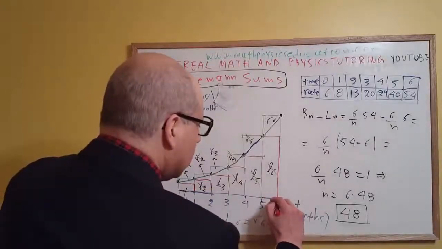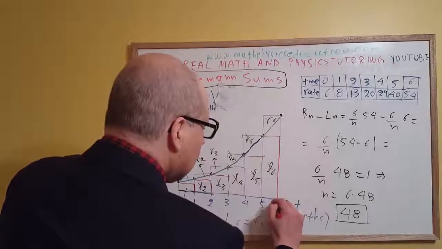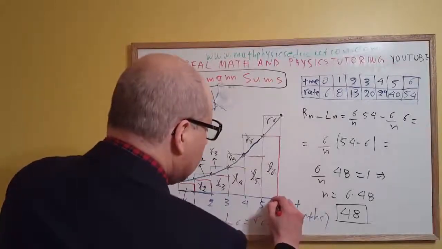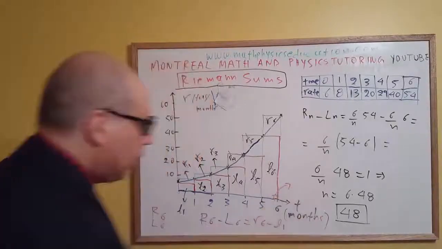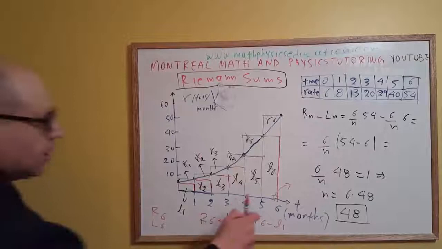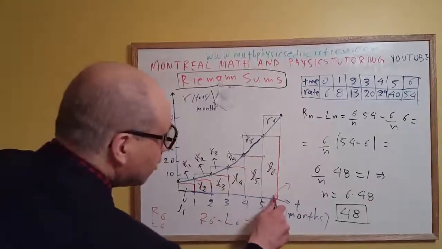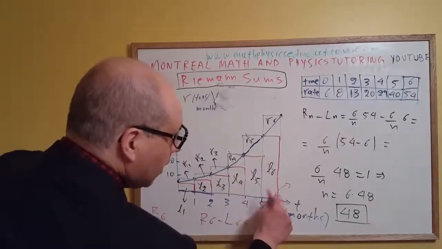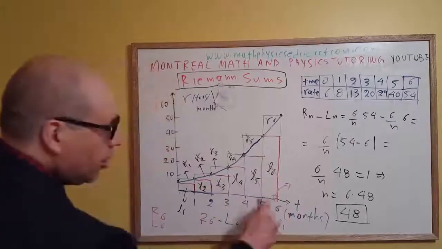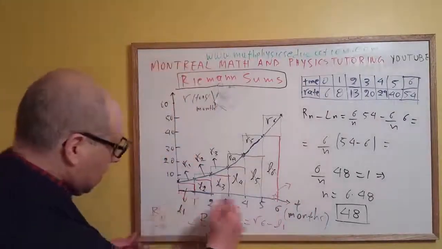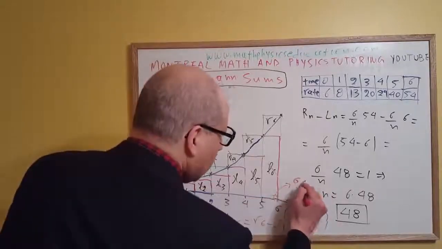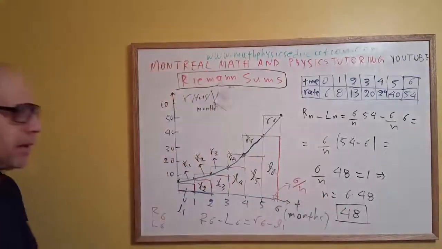This small thing here will be equal to what? If we have n intervals like this, how much will each one of them be? Of course, it will be equal to this distance, which is 6 over n.